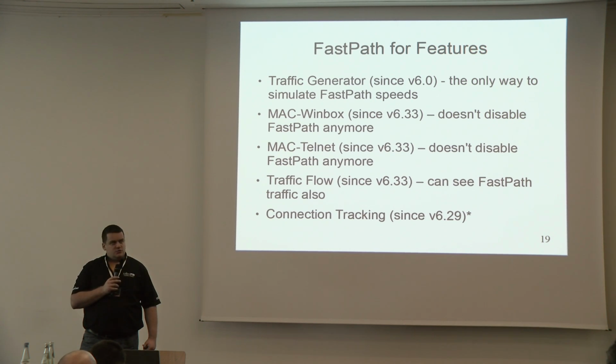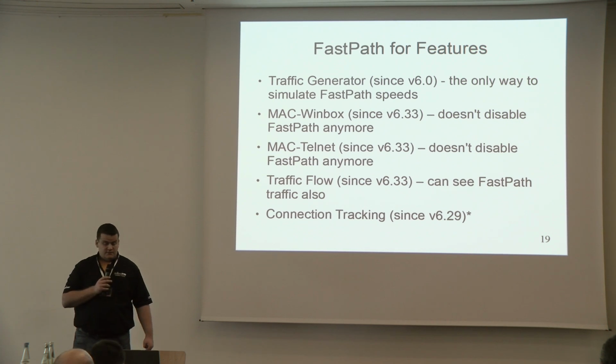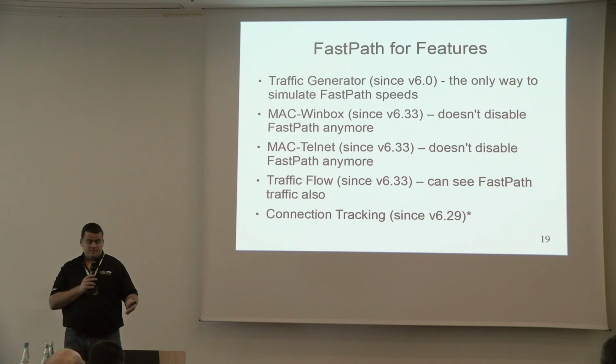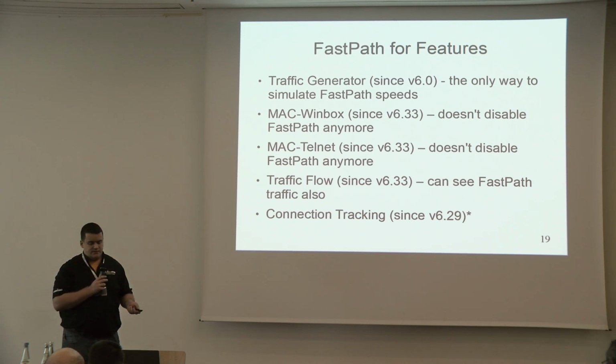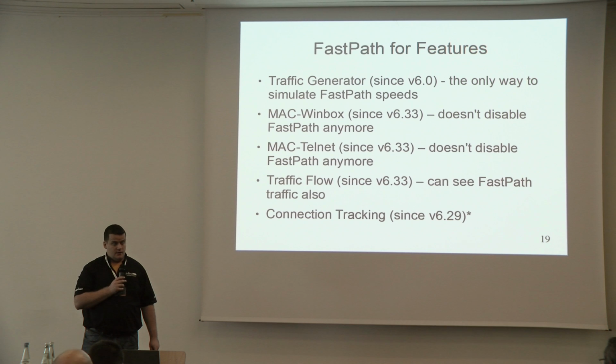Also, we had some issues with clients connecting to the devices via MAC Winbox or MAC Telnet, so connecting to the device using the MAC address instead of the IP address. Until version 6.33, the device driver would just go into this MAC Winbox mode and disable FastPath. After 6.33, we added support, so you can now use MAC Winbox and MAC Telnet without any issues.